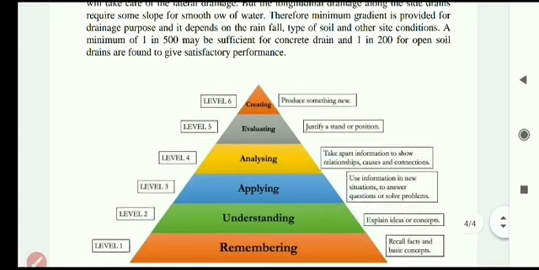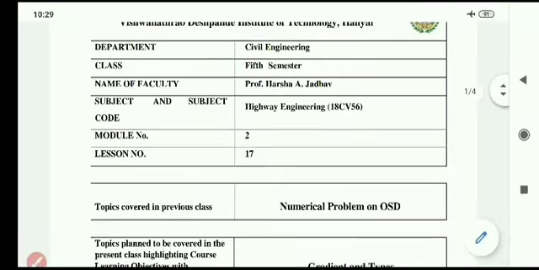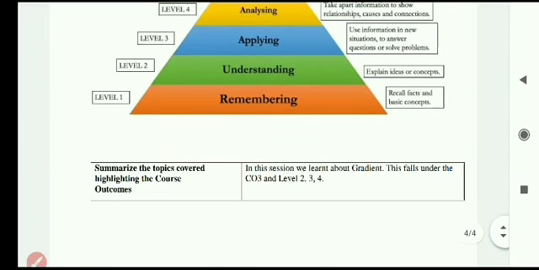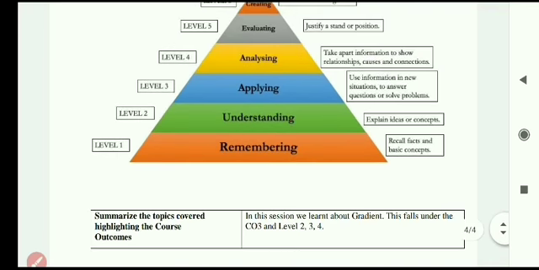So friends, in today's class we focused completely on the gradient and types of gradient, and whatever we discussed in today's class comes under course outcome 3 with Bloom's taxonomy levels 2, 3, 4. That is, we are understanding the concept, we are applying the knowledge, and sometimes we can analyze if problematic.